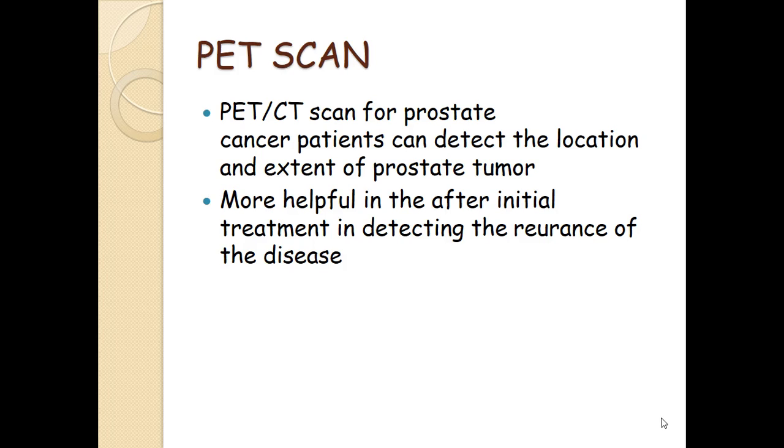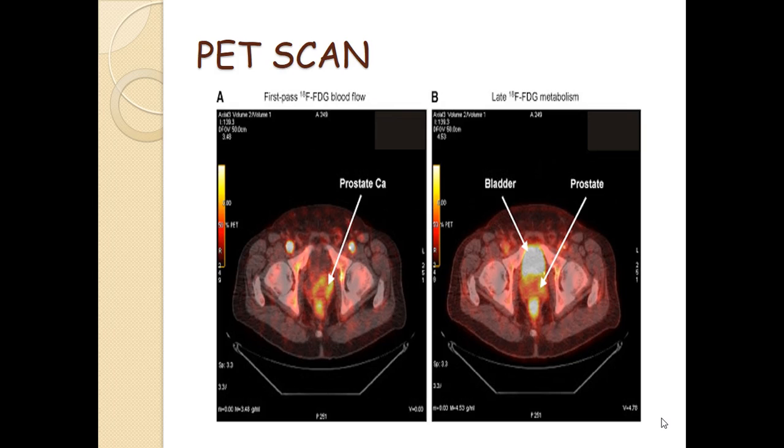When patients present with CA prostate and have had an intervention of the prostate, such as TURP or radical prostatectomy, and the serum PSA is still raised, we have already removed the prostate, so there is a chance that there are some active CA prostate lesions in the body which cannot be seen in the MRI, because MRI gives artifact after the radical prostatectomy. We go for PET scan to localize these lesions on the operative side or anywhere else in the body.